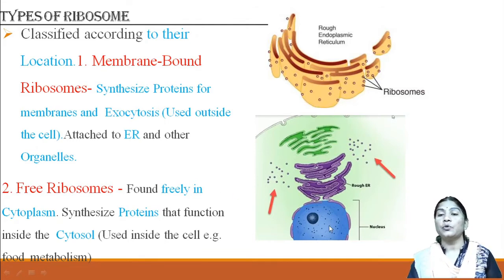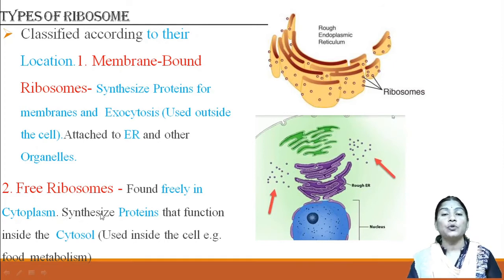Then next is the free ribosomes. Means these ribosomes are freely available in the cytoplasm. When these ribosomes are freely available in the cytoplasm of the cell, we call them free ribosomes.